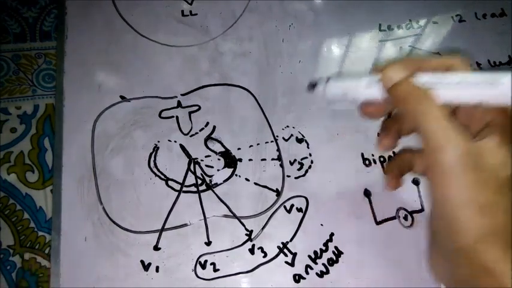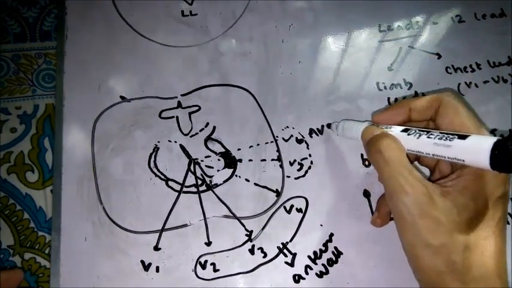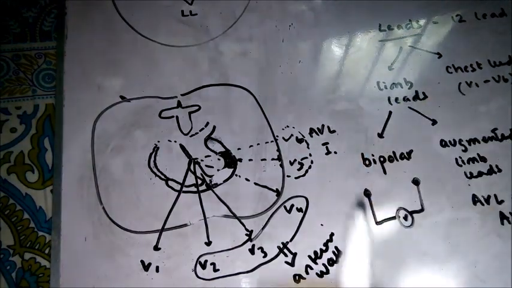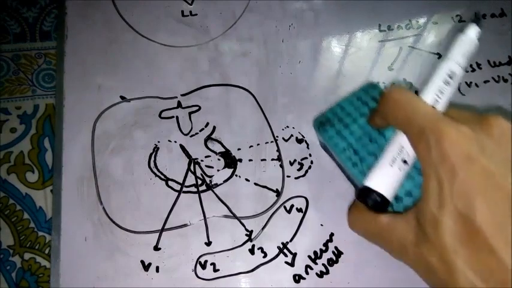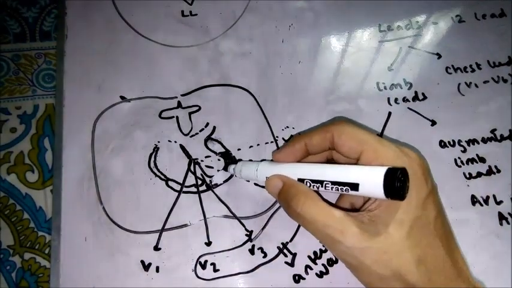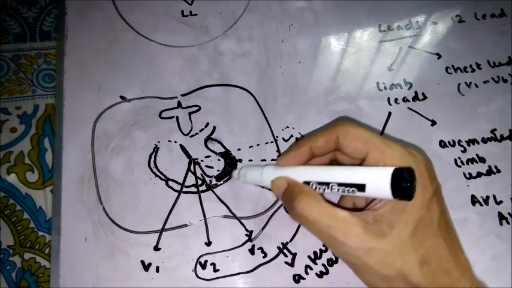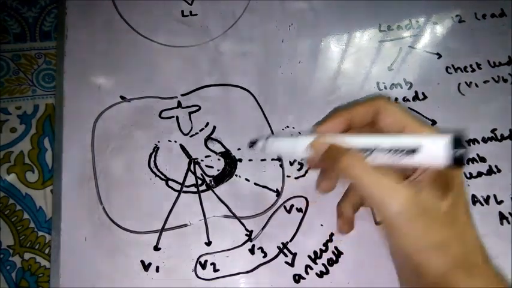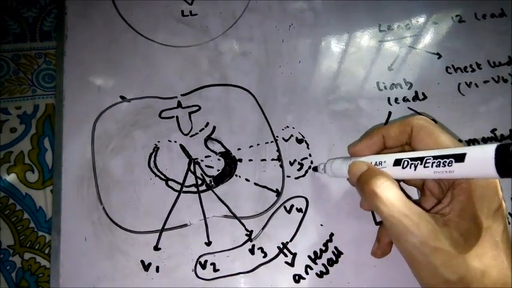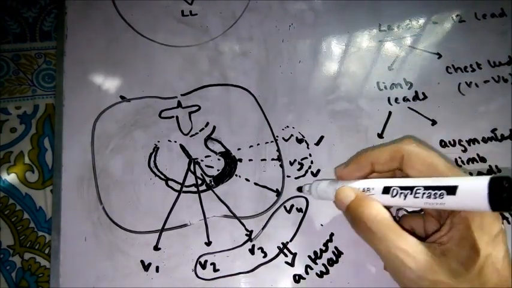We can use other leads as well, like AVL and lead 1, but we also use these two leads. And many times the person doesn't just have the lateral wall or the anterior wall, but has a mix. The anterior wall is also affected and the lateral wall is also affected, so you see changes in the anterior leads, and then V5 and V6 will also show changes.